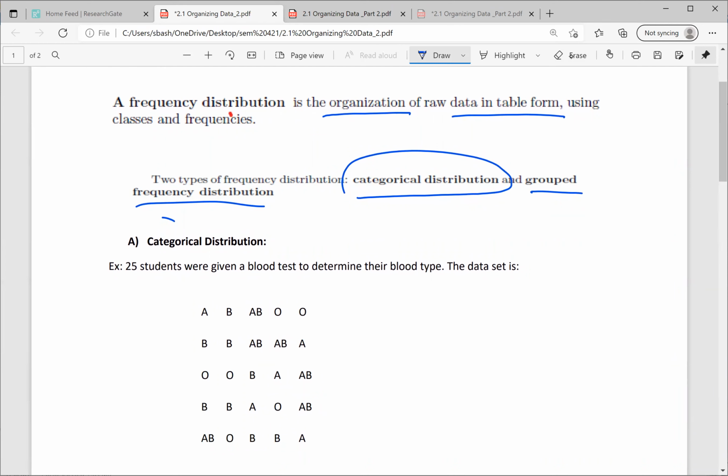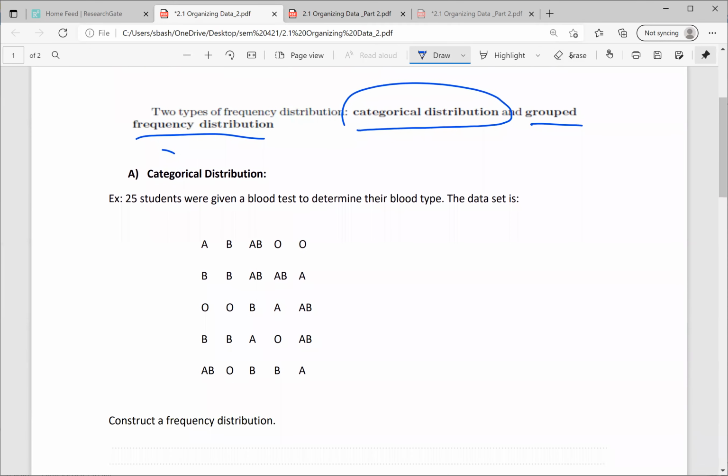We have 25 students who were given a blood test to determine their blood type. The data set is given as shown now in the picture. We need to construct a frequency distribution.